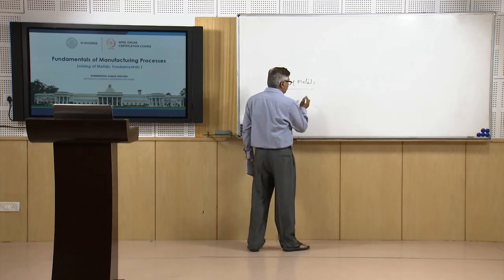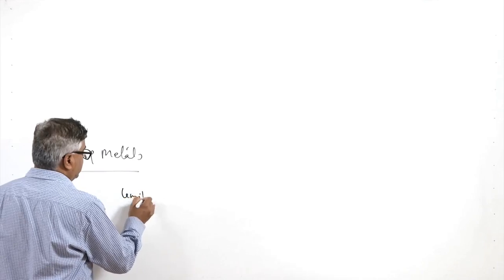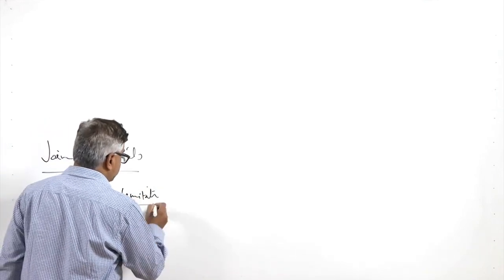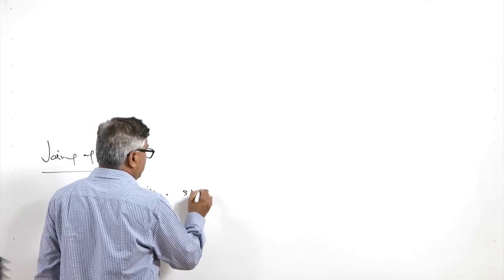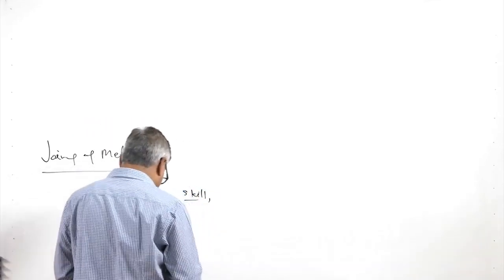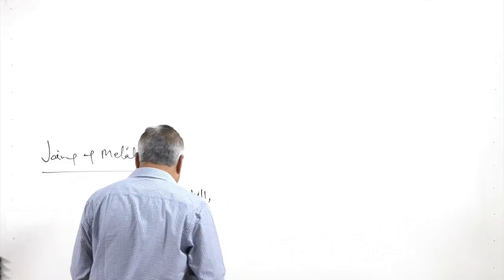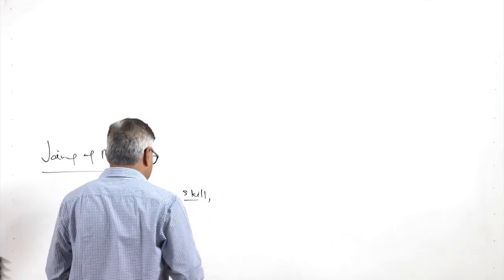But if we talk of the limitations related to joining processes like welding, then these require a lot of skill, and the skill of the worker is important in determining the success of the joint.